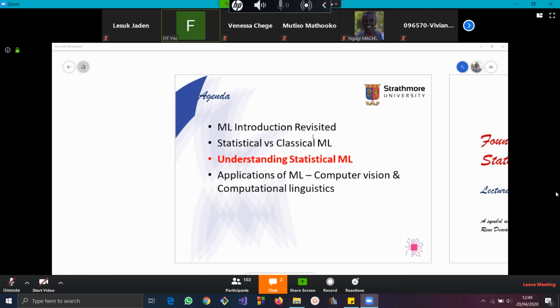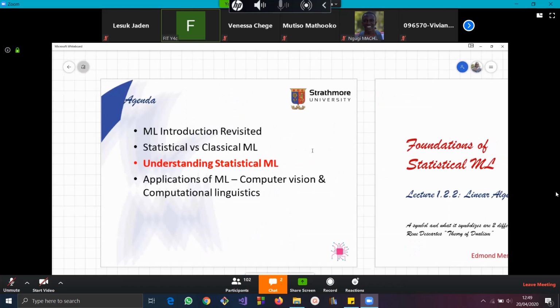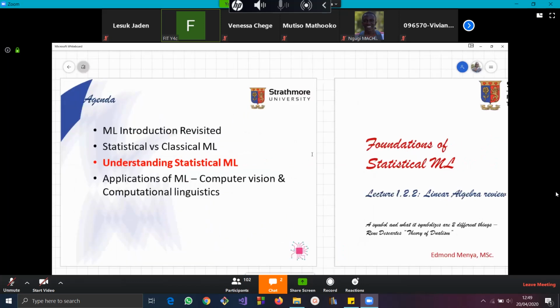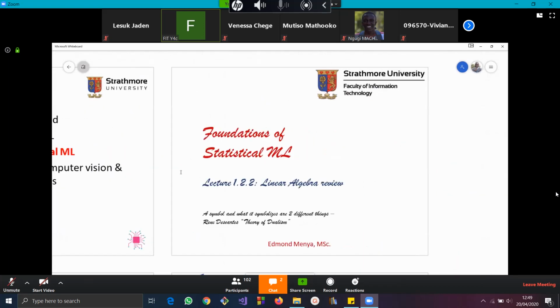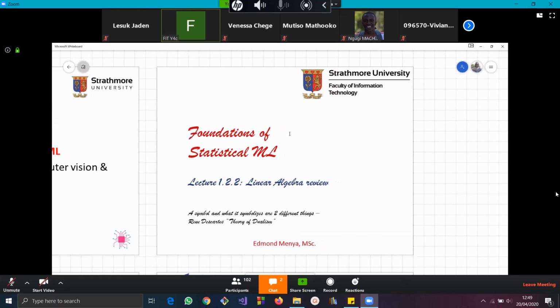We know it, but we are just doing a recap. So far we have looked at statistics and probability. The next knowledge that you need in machine learning is actually linear algebra. So we want to revise linear algebra. This is the next sub-agenda.